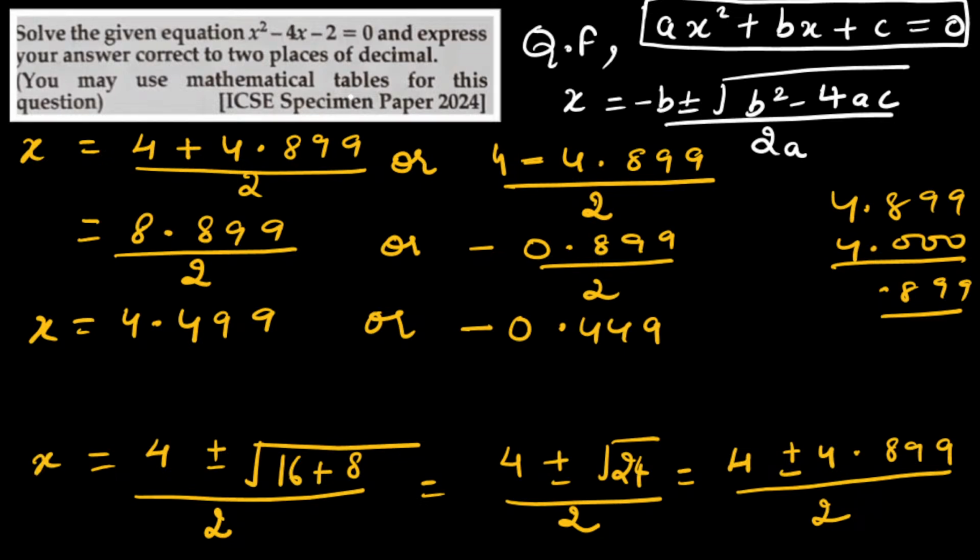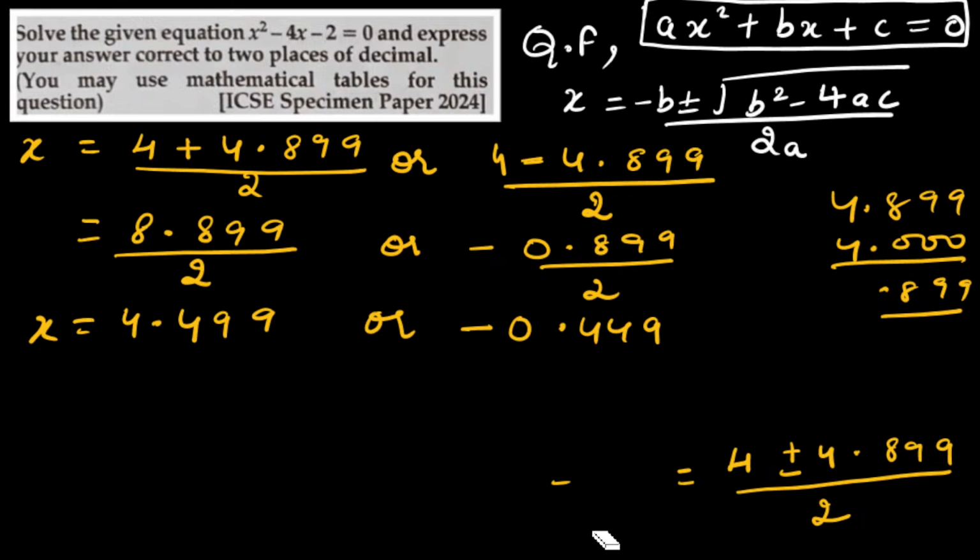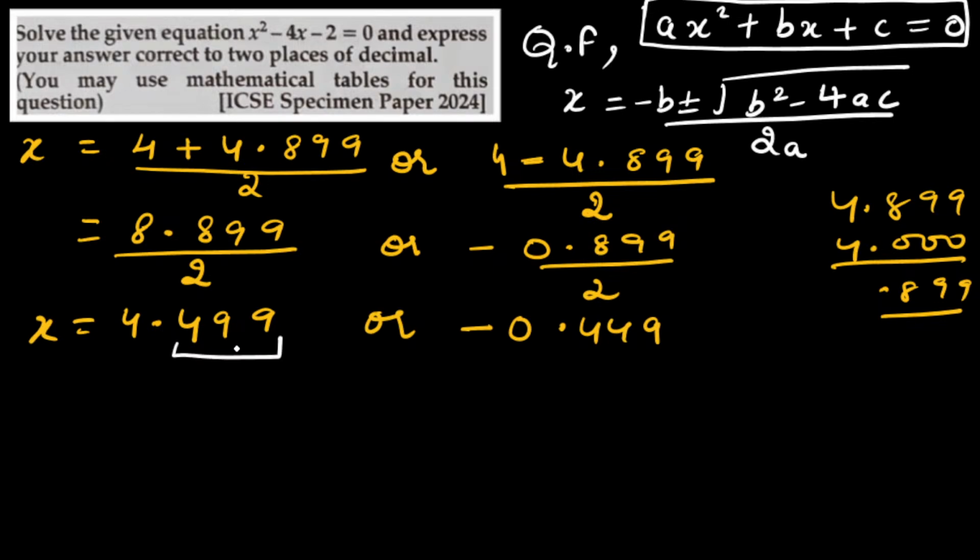Now we have to give our answer up to two places of decimal. How many places of decimals did we find in our answer? Here I have three places of decimal, after the decimal 1, 2, 3. Here also 1, 2, 3.